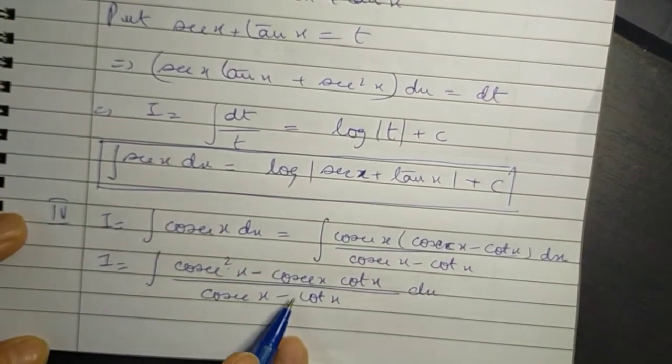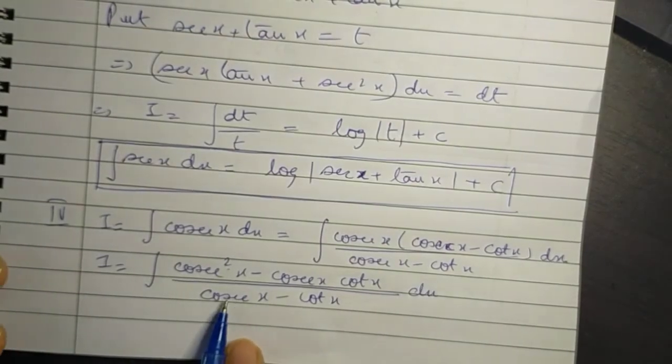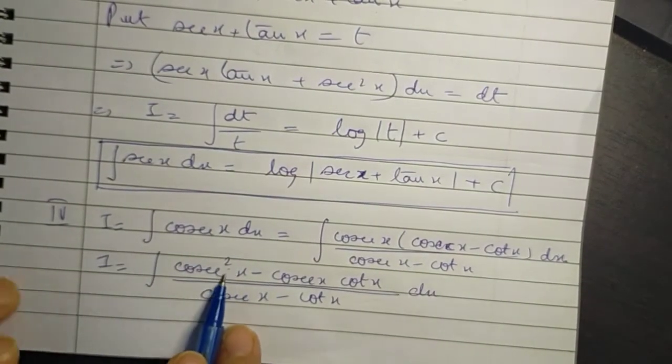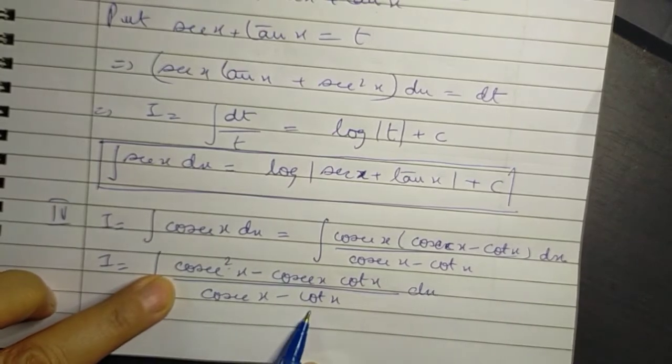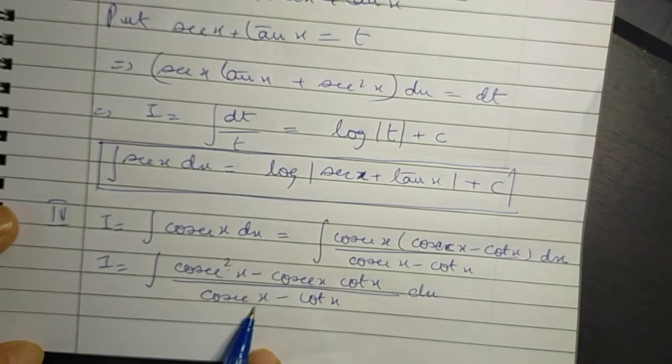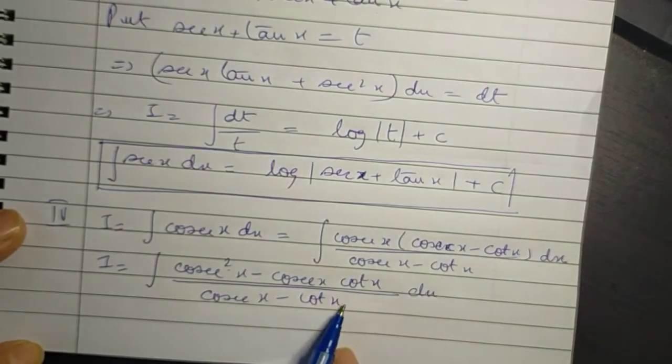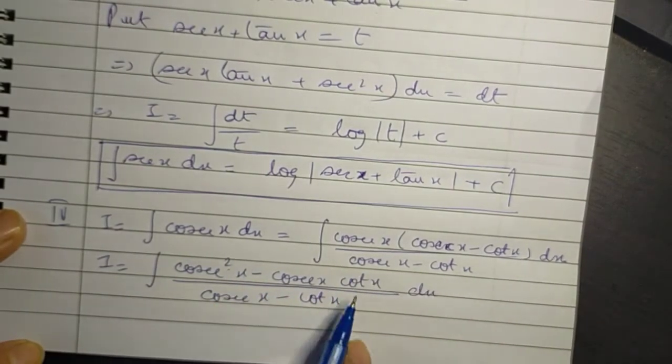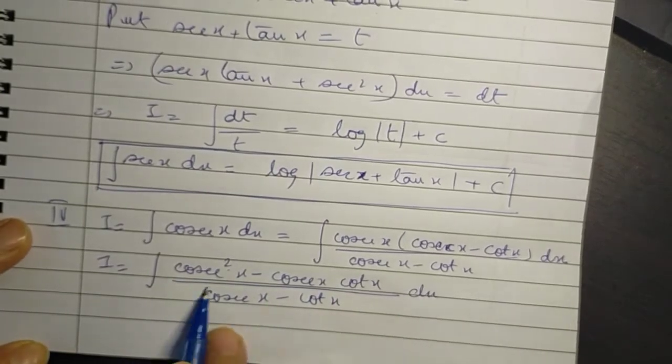Now again clearly we can see that cosec squared x is the derivative of minus cot x, and minus cosec x cot x is a derivative of cosec x. So clearly the numerator is the derivative of the denominator.